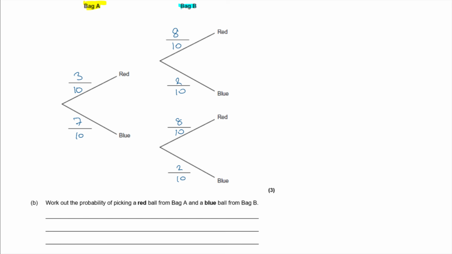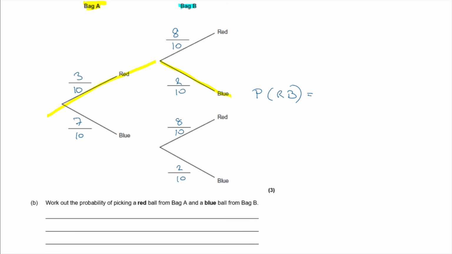Now part B says work out the probability of picking a red ball from bag A and a blue ball from bag B. So we've got one specific route that we can take here then. So it's along that route there and then down there like that. That's the ones we need. Okay, so we want to work out the probability of red blue. And to do that we just multiply everything along that path.